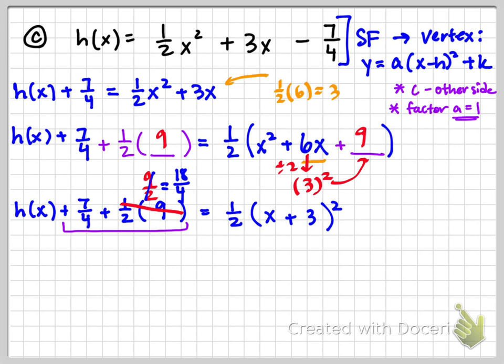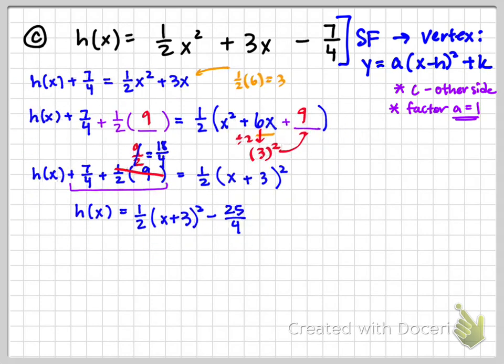Multiply both by 2 over 2. And then I got to move 18 plus 7. So 18 plus 7 is going to be 25/4. So I'm going to have h of x is equal to 1/2 of x plus 3 squared minus 25/4. That's going to be this example.